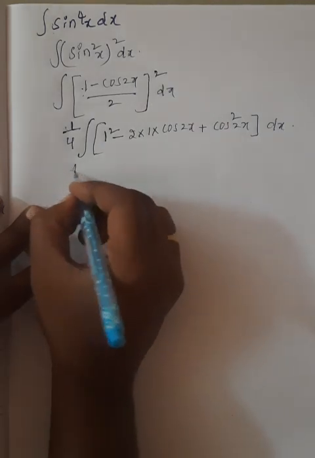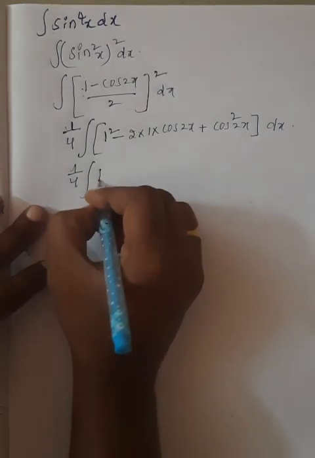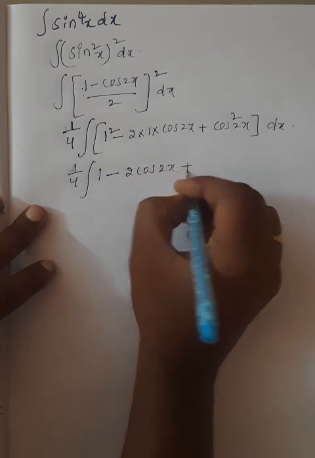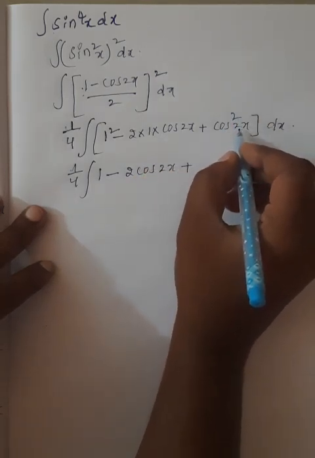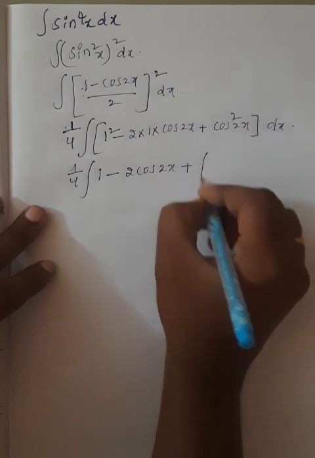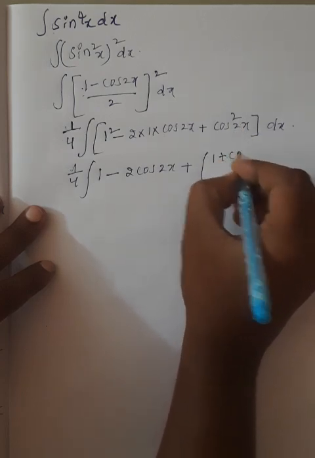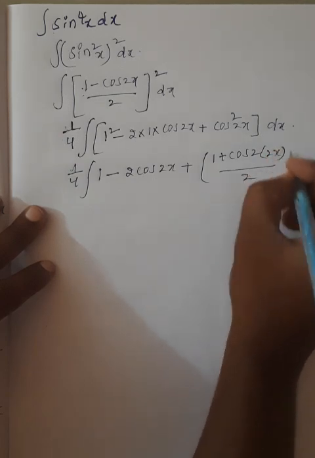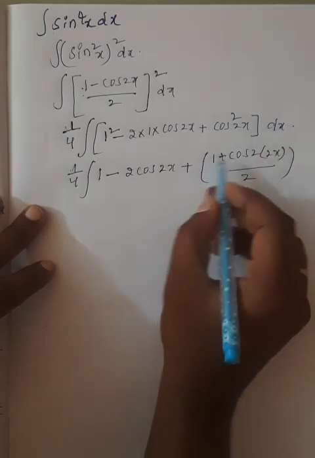So here it will become 1 by 4 into integration of 1 minus 2 cos 2x plus again cos square 2x. Again the cos square x formula is 1 plus cos 2x by 2.